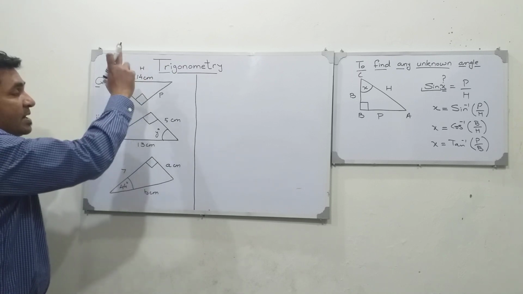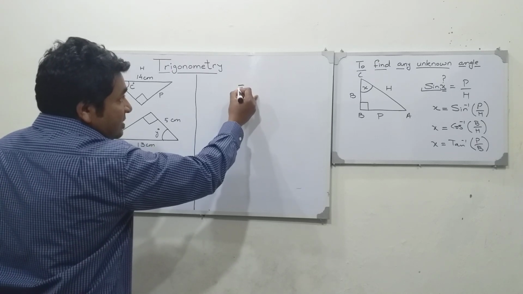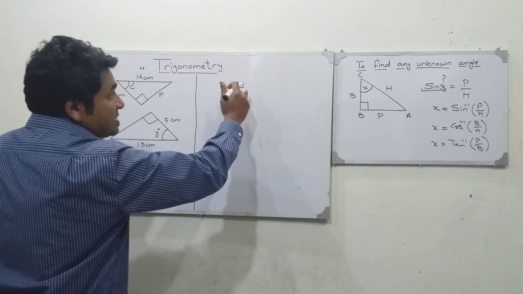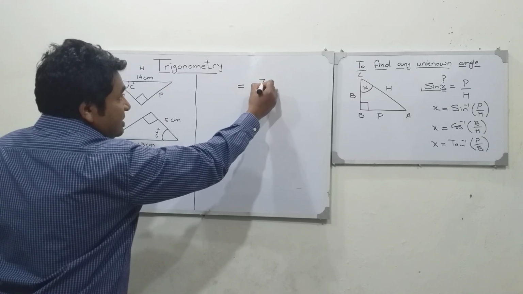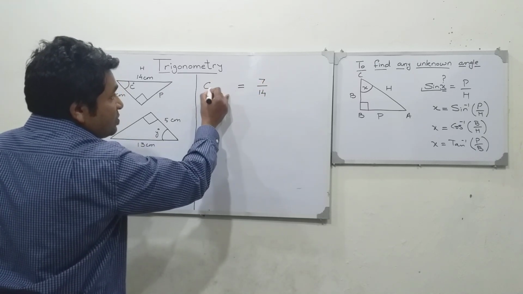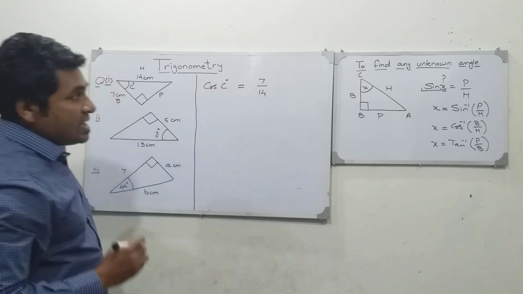The ratio base over hypotenuse is called the cosine ratio. So we will write base is 7 over 14, using cosine of angle C.